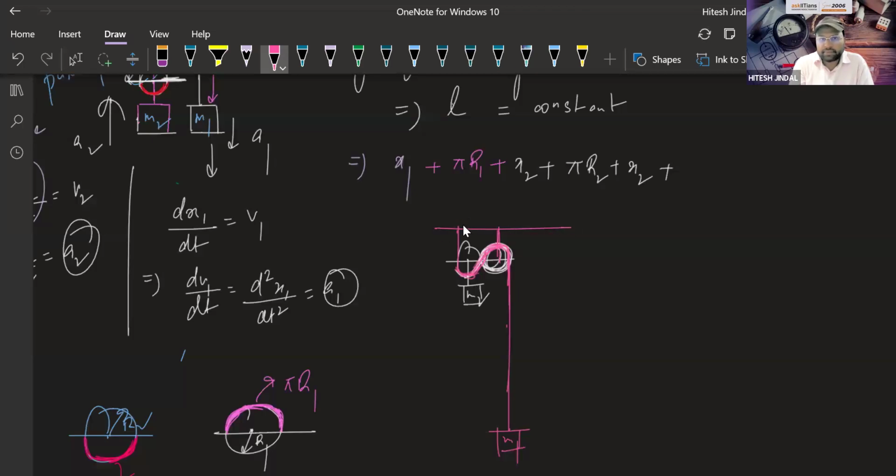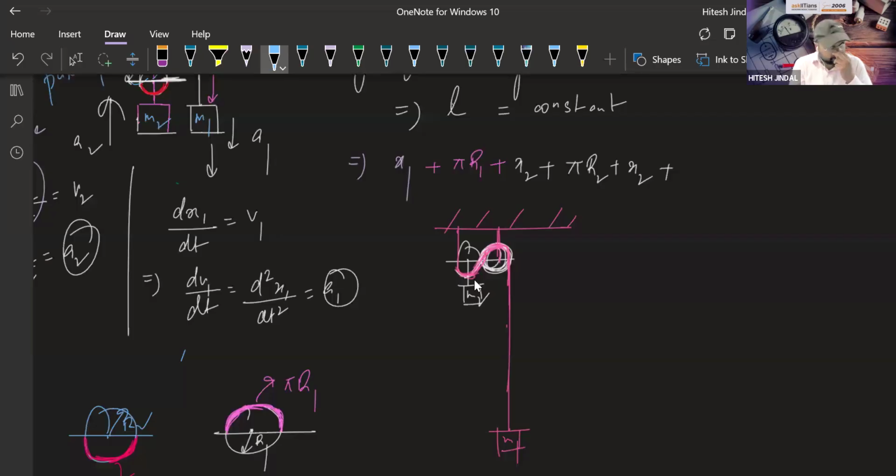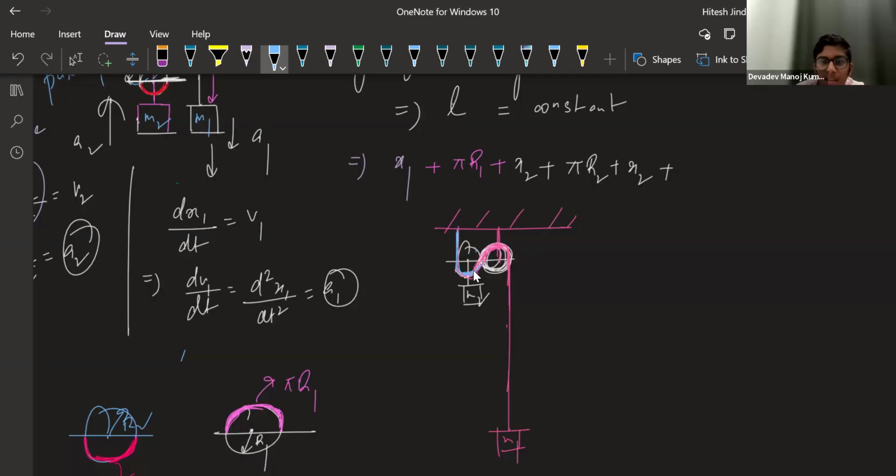What else can be done? Do you think it can go further up? Sir, if M1 is still going down, then why won't M2 go up? Where is the space here? This is the end of it.